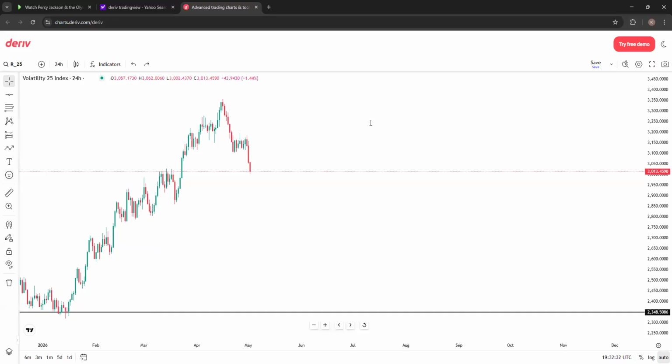Boom 1000, Step Index, Crash 600, and Volatility 50. So these are the time frames that you are going to use. You are strictly going to use H4 and M15, so that we train our eyes to master entries.